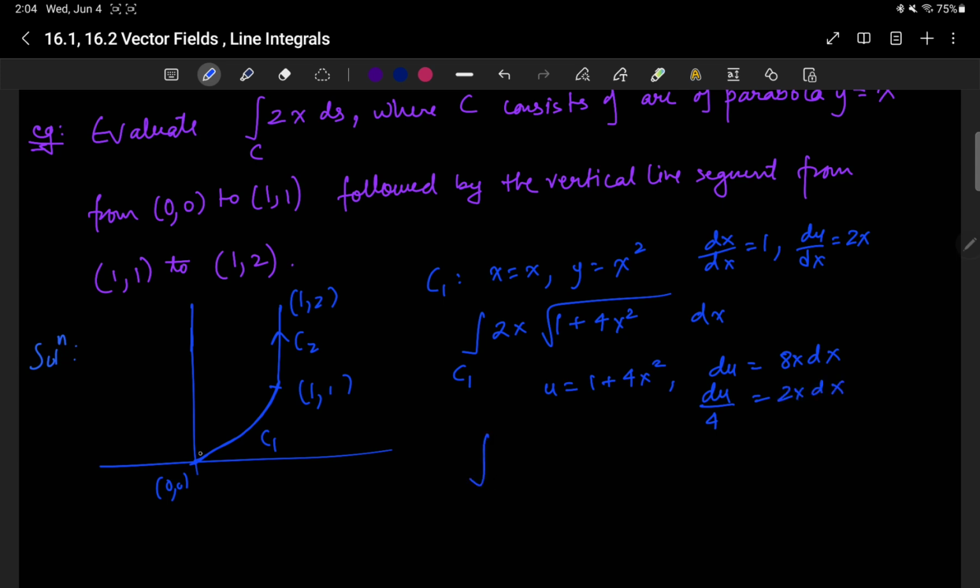So this becomes, x goes from 0 to 1, 1/4 u to the 1/2 du, which becomes 1/4 u to the 3/2 and a 2/3, 0 to 1, which is just 1/6.